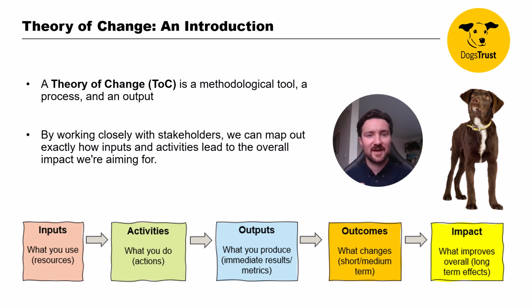The outputs are the tangible things you produce and that you can count through metrics or measurables. The activities are the things you undertake to make the change happen, and the inputs are the resources required to get those activities off the ground, the expertise, funds, or equipment required, for example.